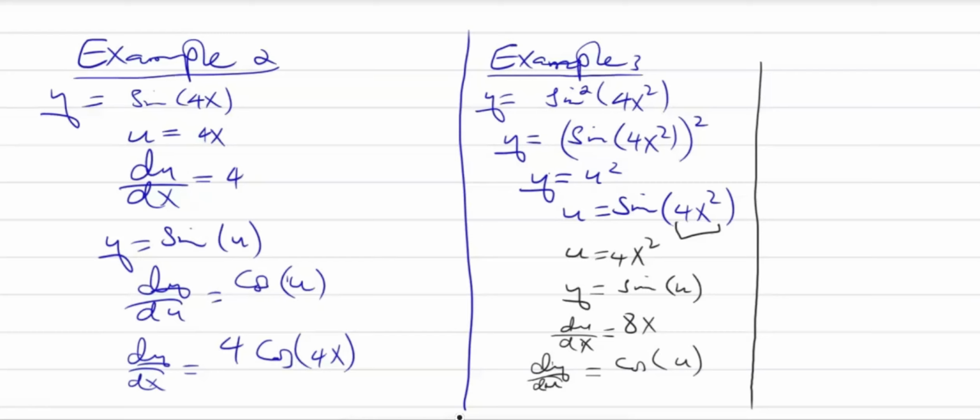So I also have to differentiate this again. That was du over dx up there, 8x, and dy over du is cos u, and I still have to differentiate that.